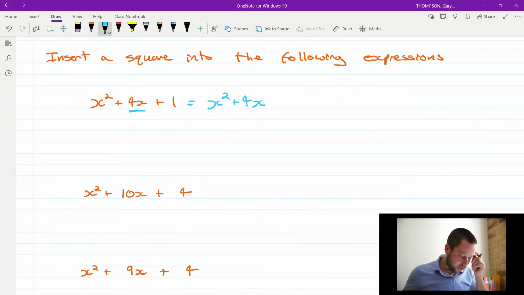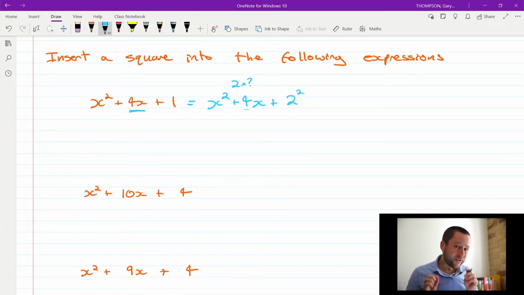To form a square, I need to add half of the term in front of the x. I have to work out what number, 2 times something, is going to give me 4. That number is 2, and I need to add that squared. So that's going to be plus 2 squared, just like we did in the previous set of exercises.